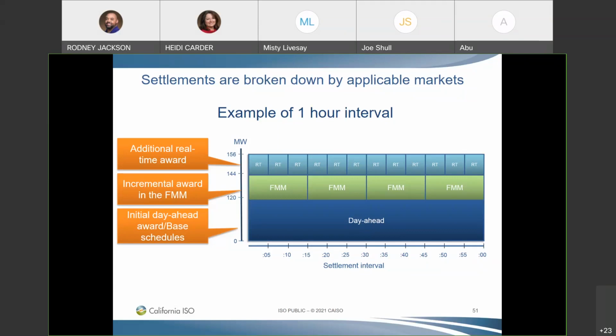The one thing that I would like to point out is the example here on the screen, the big thing right in the middle of the page. This is an example of a 1 hour interval, and this happens each hour of every day for every day that the market operates. So you can see how this gets really complex, and the need to have a very detailed system on how to do this is why this is important.